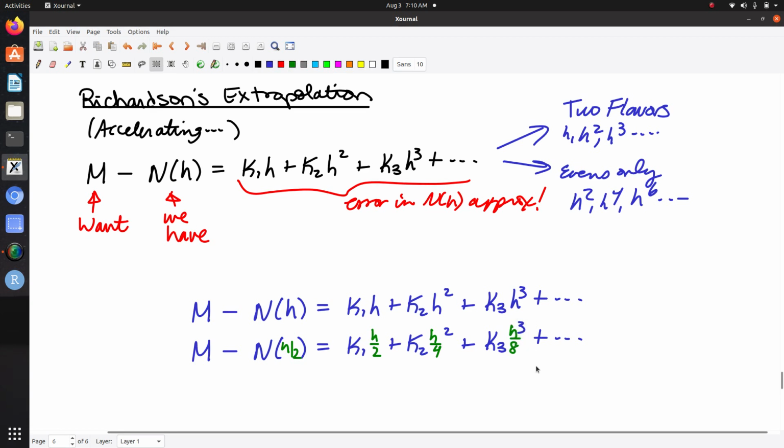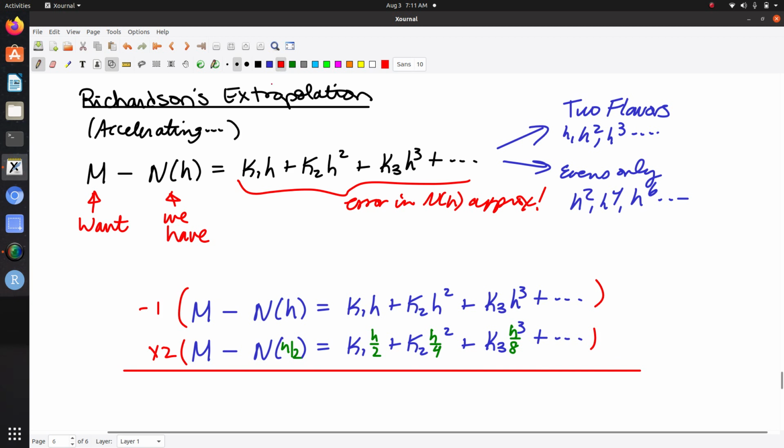There you go. So is there any way we could solve for something and get rid of something? We want to get rid of the k1 h error term, and hopefully we just have the k2 h squared type pieces. So what I'm going to do is multiply this by 2, so that I can subtract one copy of this. Okay, your standard technique, right?